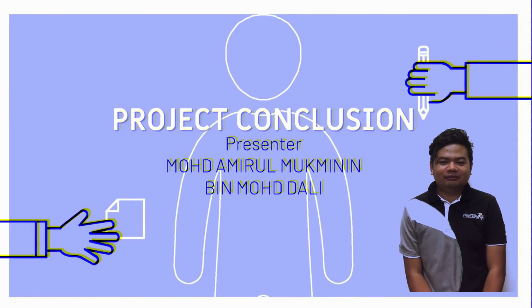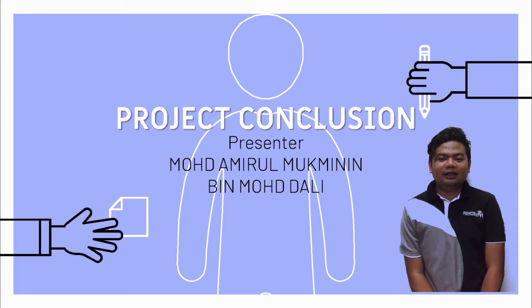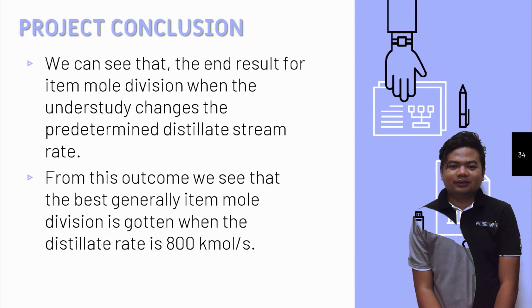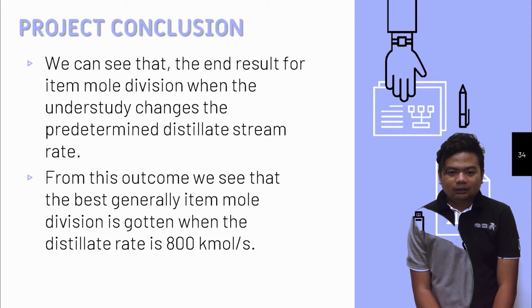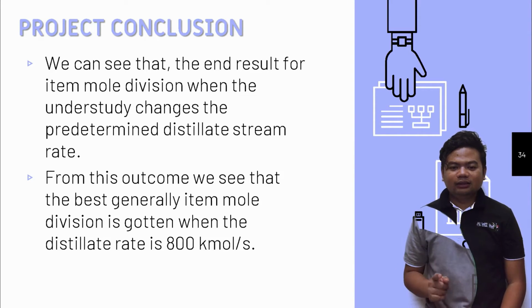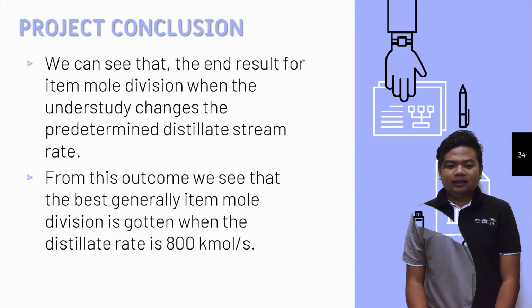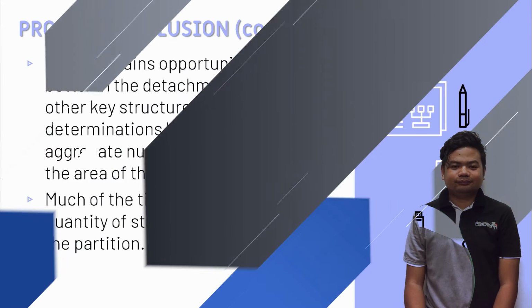My name is Muhammad Amirul Mukminin bin Muhammad Ali. I'm going to present about the project conclusion. By the end of this project, we can see the end result of the item mole fraction and the understanding of changing the predetermined distillate stream rate. From this outcome, we can see that the general item mole fraction is obtained when the distillate rate is 800 kilomole per second.